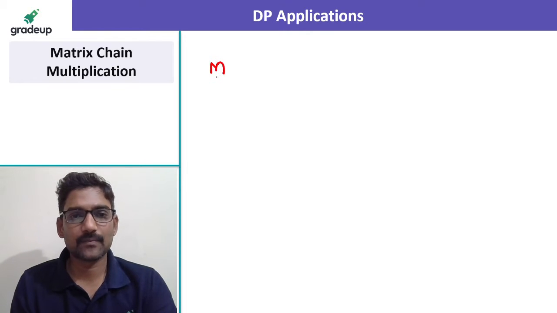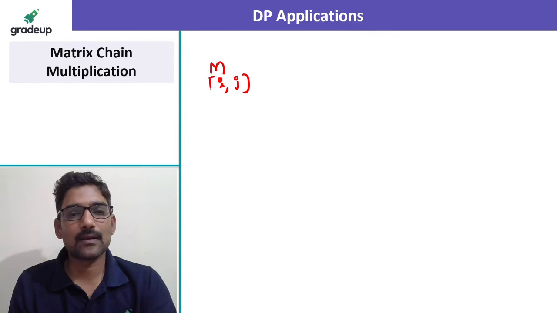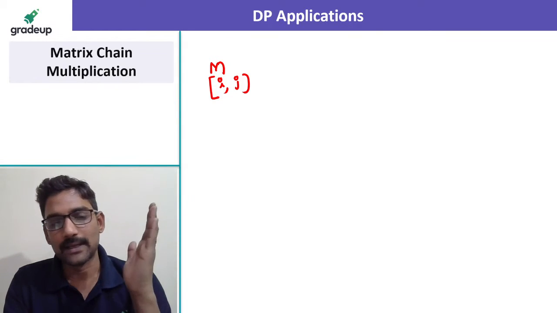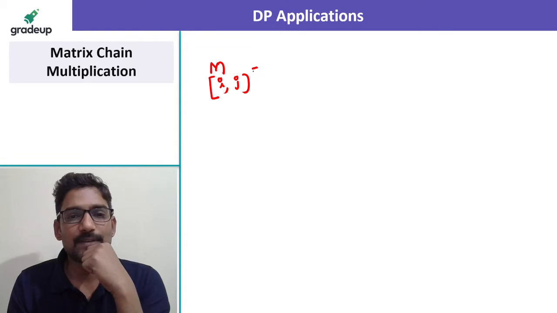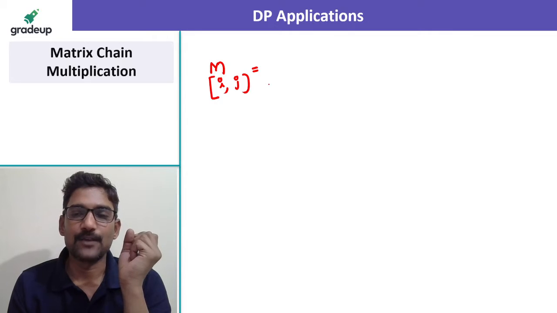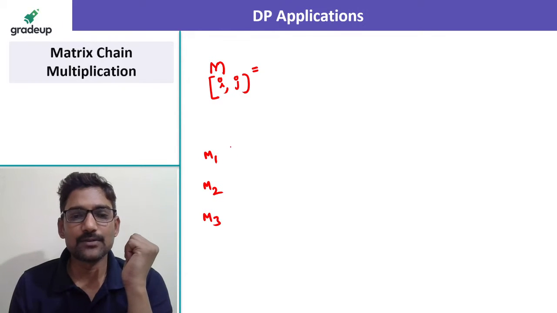So what dynamic programming says is, suppose you are finding the number of multiplications for 4 matrices or 5 matrices or any number of matrices, like 1 to j, 1 to n. Suppose you are given n matrices. What you do is you construct a table, meaning rows and columns.